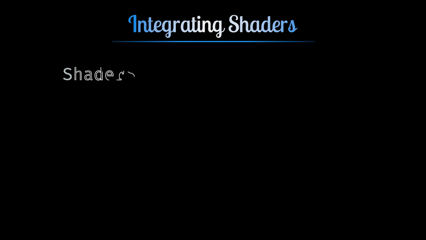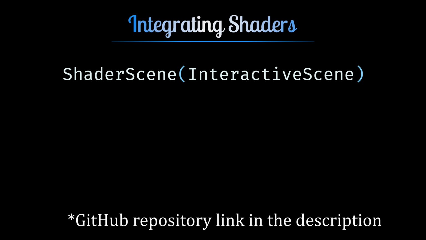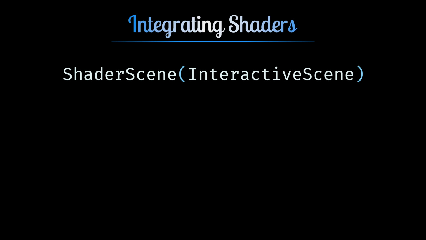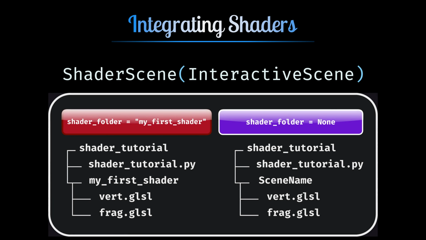Now, to facilitate this process, I created another scene class called ShaderScene, which you can access from my GitHub repo. This ShaderScene class is a subclass of InteractiveScene and consists of two main class attributes, shader_folder and shader_class. In the shader_folder, we need to pass the path of the folder where the shader files are situated.